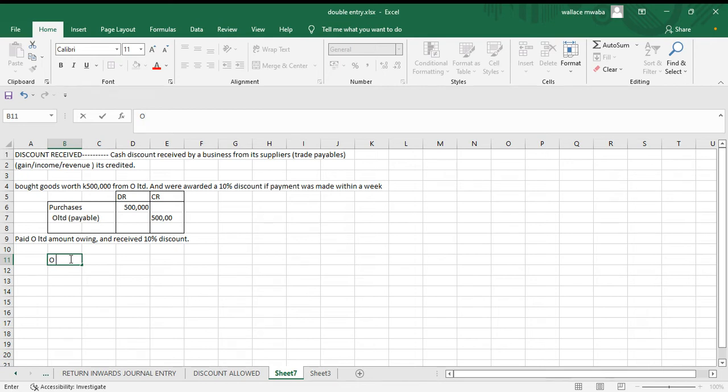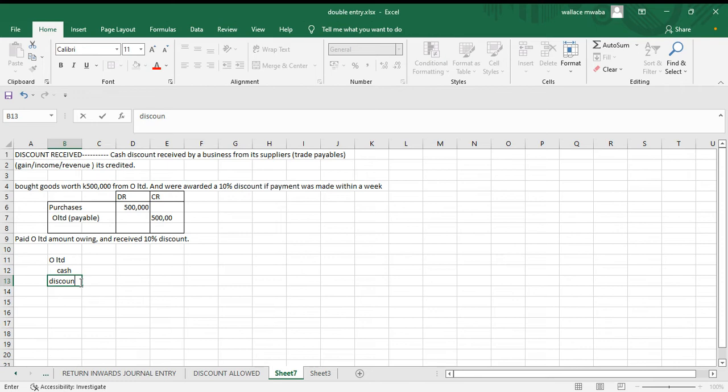Since we paid money, our cash, an asset, is reducing, so our cash will be credited. And we have received a discount, which is a form of gain to us, so we're going to credit our discount received.